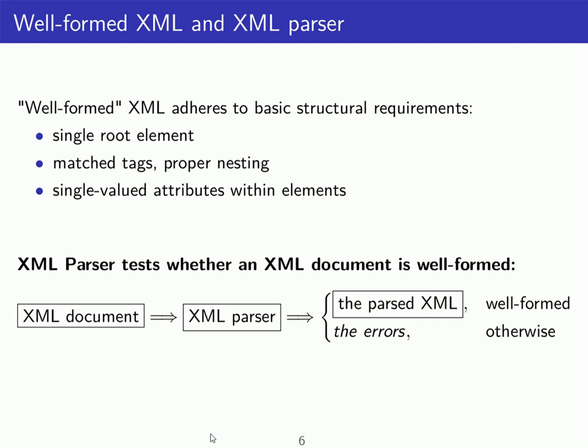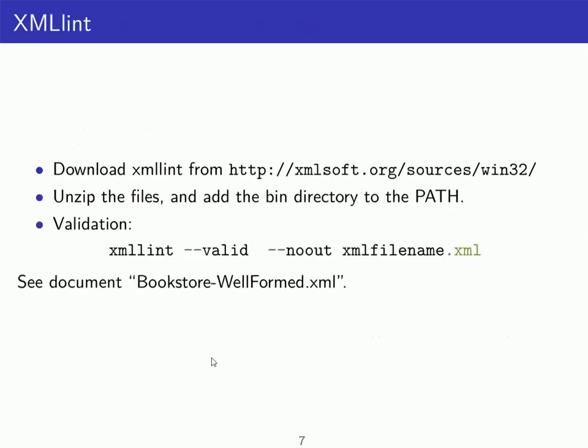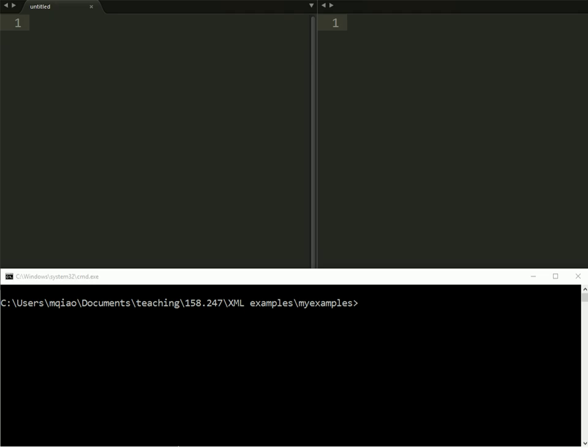Let's have a try. So the easiest way is to download the XML parser called XML lint from this place, unzip the file, add the bin directory to the path of the system setting, and then validate via this command line. Let's try to look at some examples.